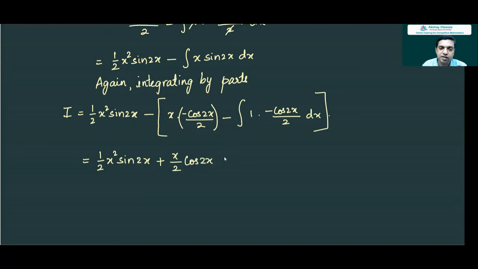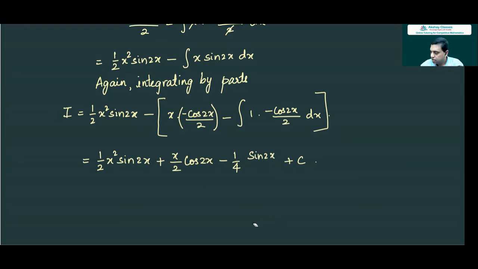times cos 2x, minus into minus plus times minus is minus. We get half into integral of cos 2x, which is sine 2x upon 2. So in effect, we get this as 1 upon 4 times sine 2x plus c.